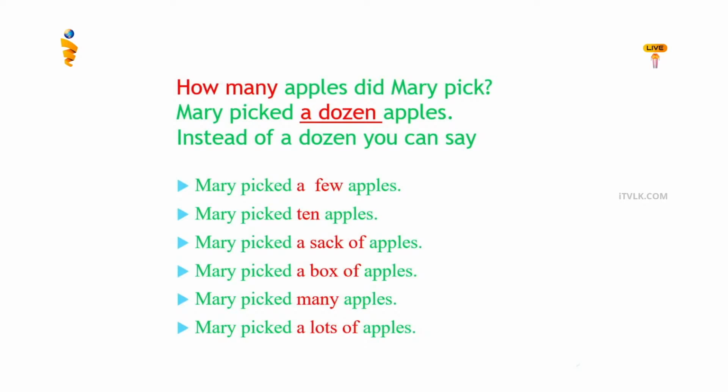Mary picked a box of apples. Mary picked many apples. Mary picked a lot of apples. Now see, children, instead of a dozen, we have added many other words and expanded the sentence.